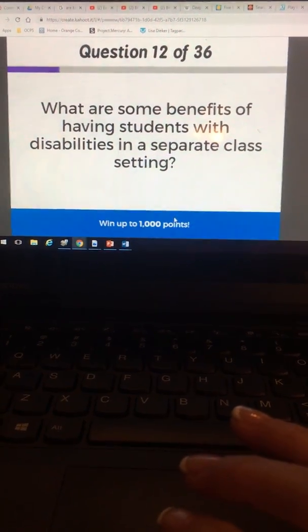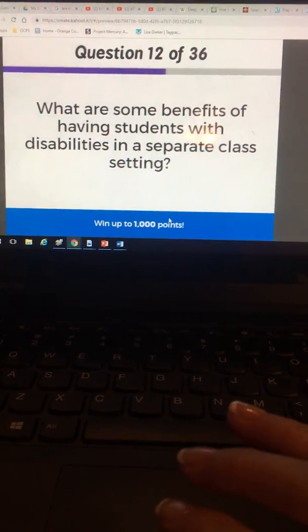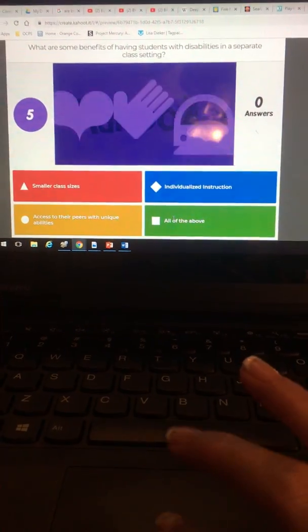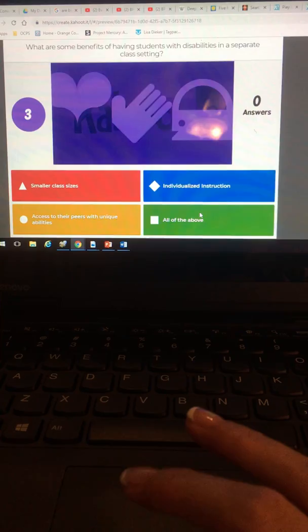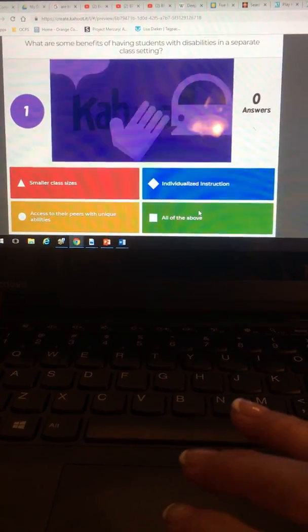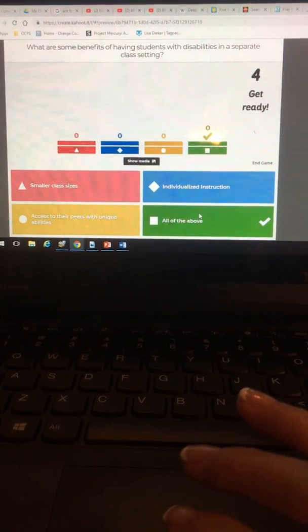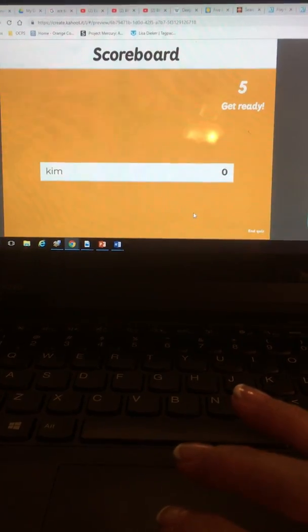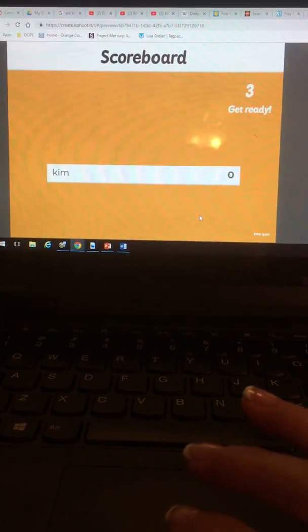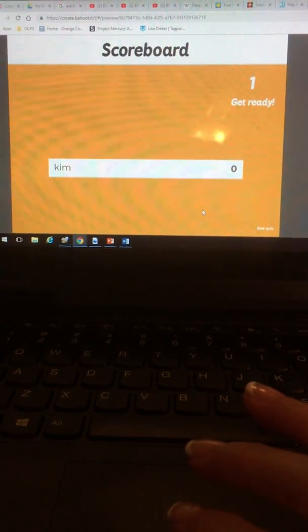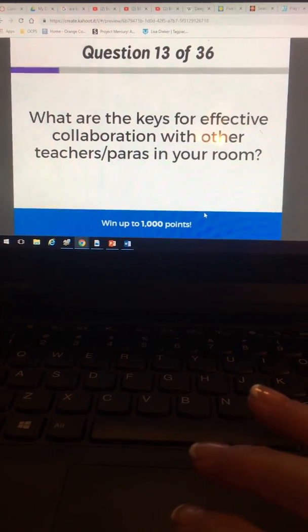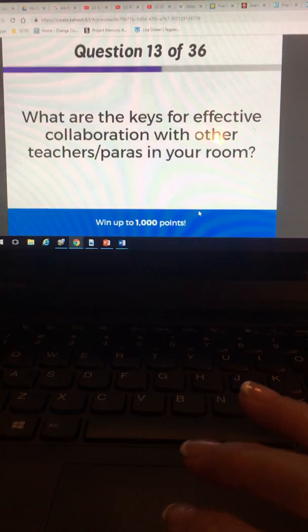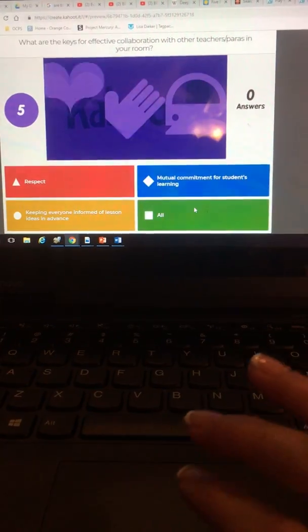What are some benefits of having students with disabilities in a separate class setting? What are the keys for effective collaboration with other teachers' pairs in the room?